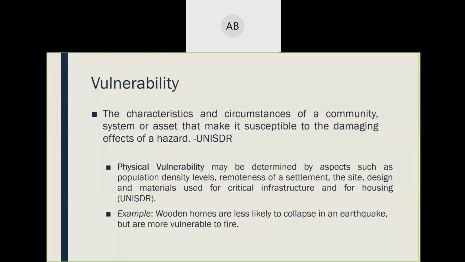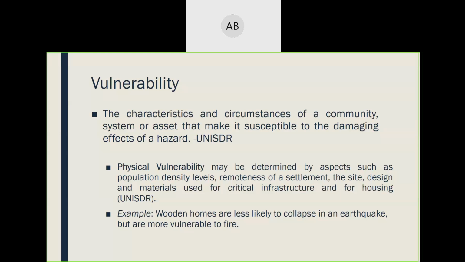It can be the materials, it can be the design. Design means if you are using RCC or if you're not using RCC. RCC is a design concept. So that again will determine if your house is more vulnerable or less vulnerable.